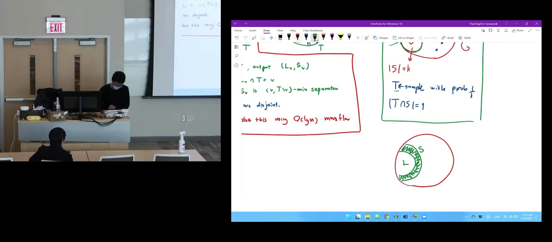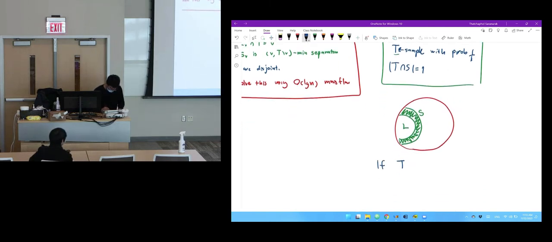So if somehow I sample a terminal set such that there is only one node in L, if I sample terminal set T, if this thing is 1 but this thing is 0, then it's good.